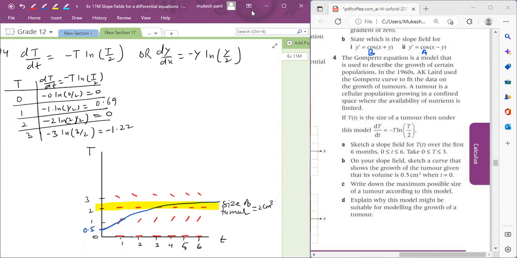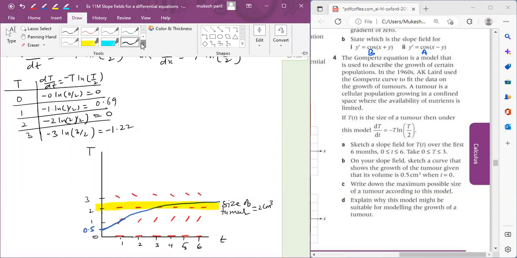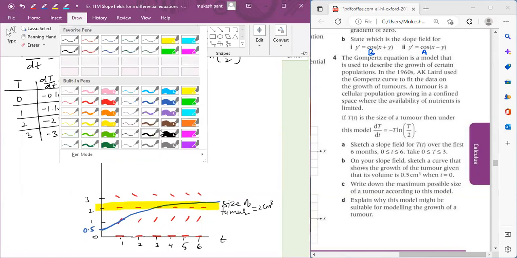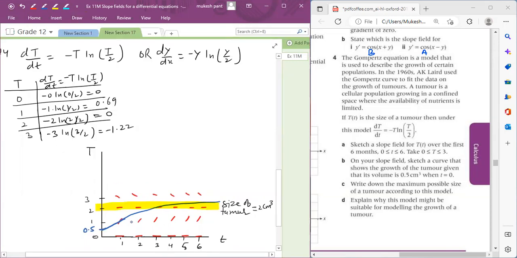So when we look at this data, at this point, this line, the slope is consistent.